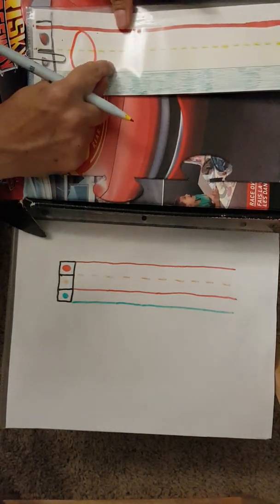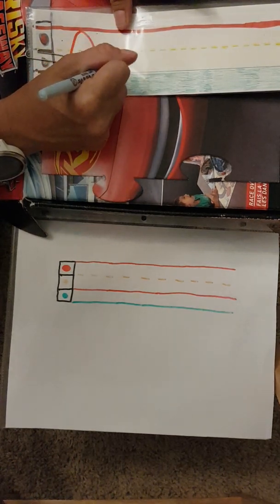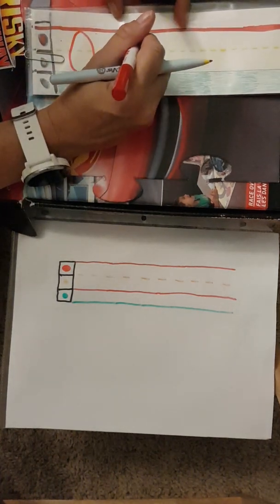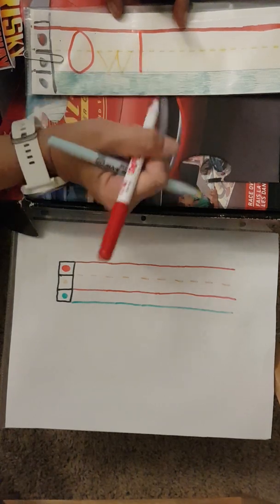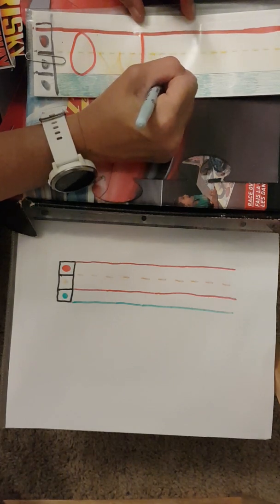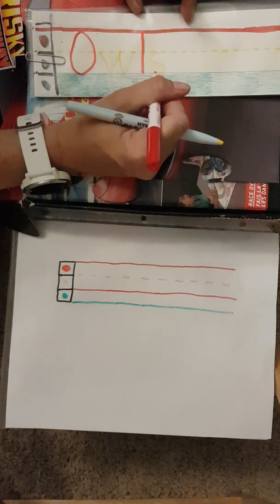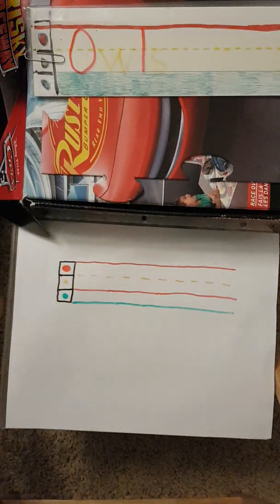So W, if you remember, is a yellow letter, goes from yellow to red. And L, lowercase l, is a red letter, goes from red to red. And S, lowercase s, goes from the yellow dashes to the red line. So that's owls.